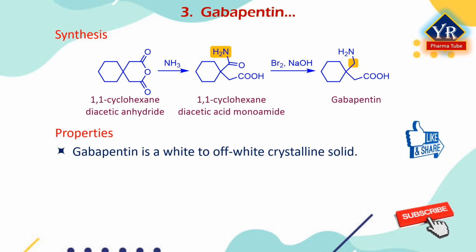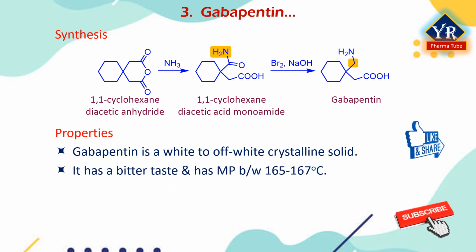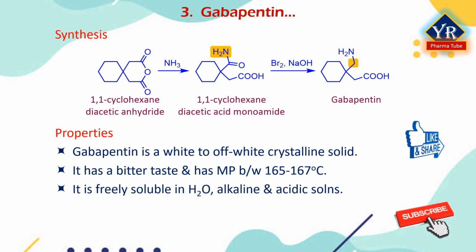Gabapentin is a white to off-white crystalline solid, crystals from ethanol or ether. It has a bitter taste and its melting point is between 165 and 167 degrees centigrade. It is freely soluble in water, alkaline and acidic solutions.